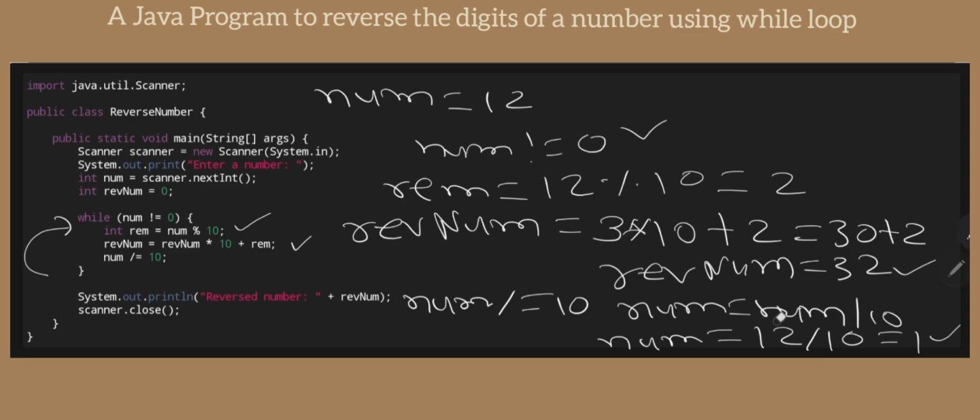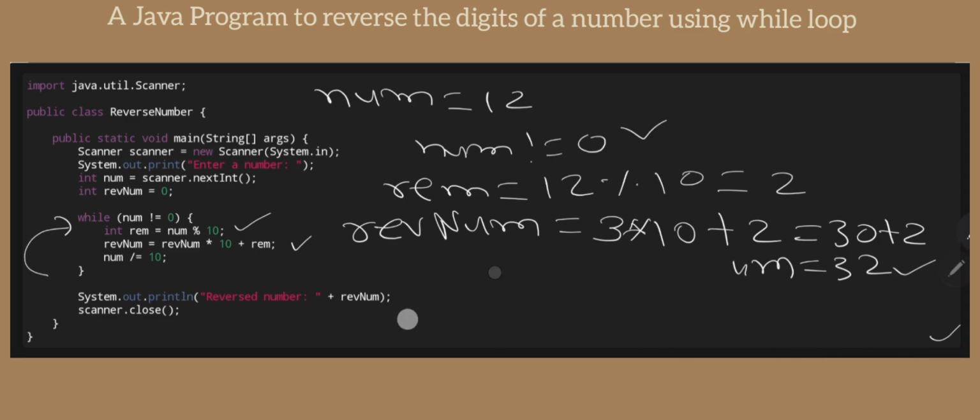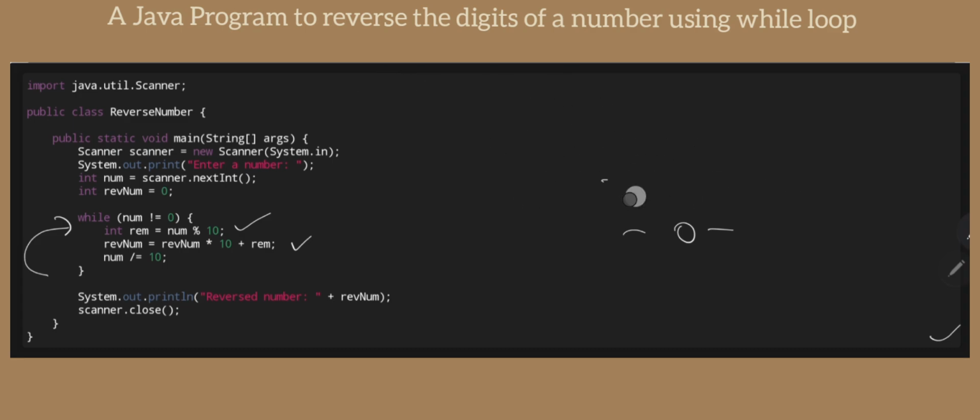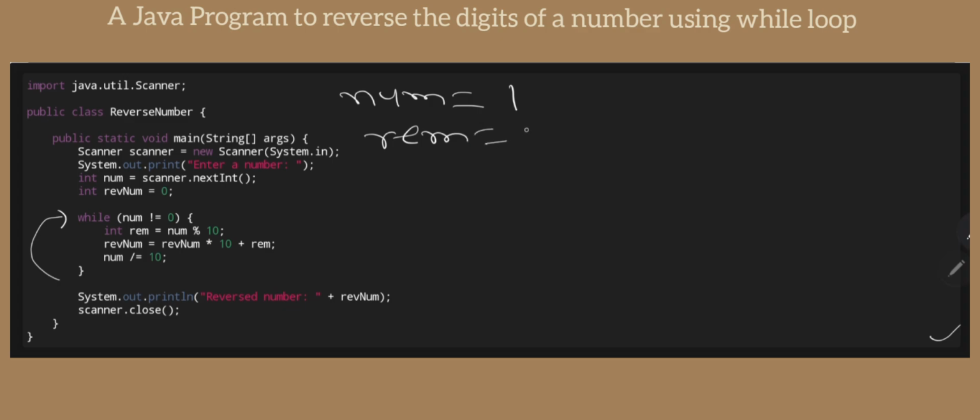Now again we have to go inside the while loop. Last time num equal to 1. Now rem equal to 1 modulo 10, because num modulo 10.